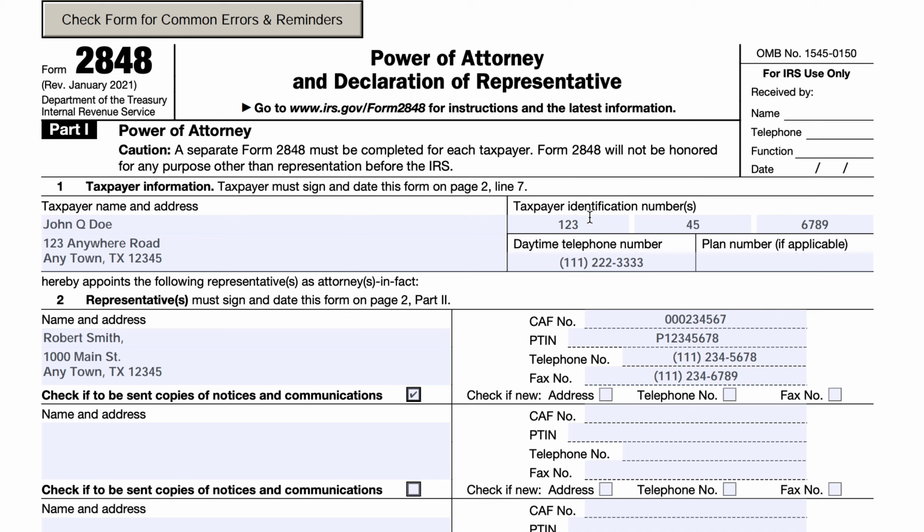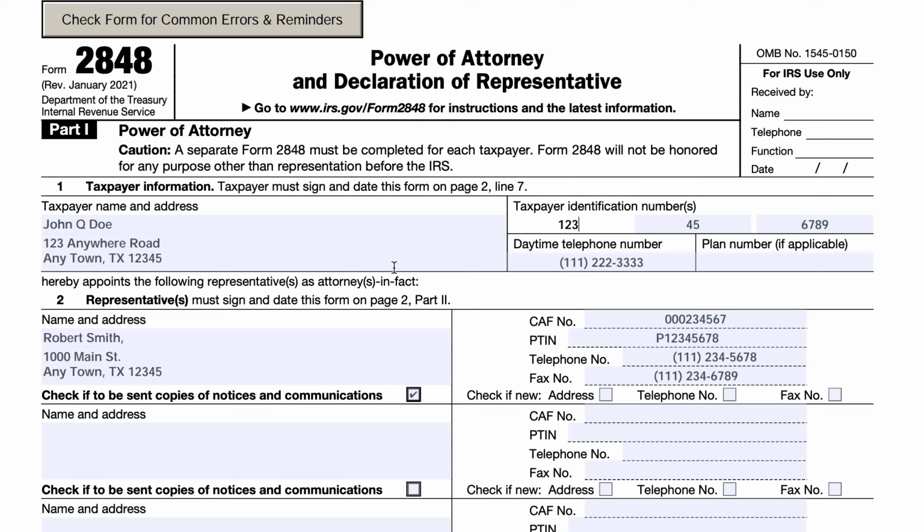Of course, there isn't a lot of clear guidance on how to do that, since the fields look like they only support one tax ID number. But if you get to this point, your representative should be able to walk you through exactly what they would require from you. You would enter your daytime telephone number as well.